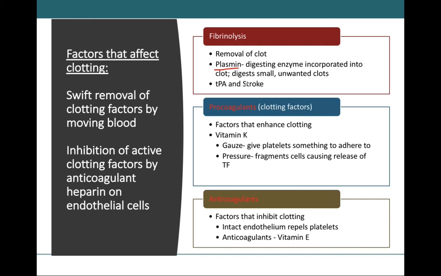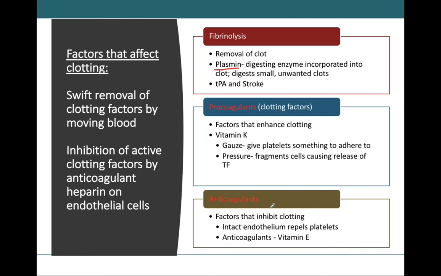Now we have two factors that I really want to mention, procoagulants and anticoagulants. And you can probably get a gist of what each of these groups of factors are going to do. The procoagulants are going to increase and enhance the blood clotting activity, and anticoagulants are going to prevent and inhibit blood clotting activity.